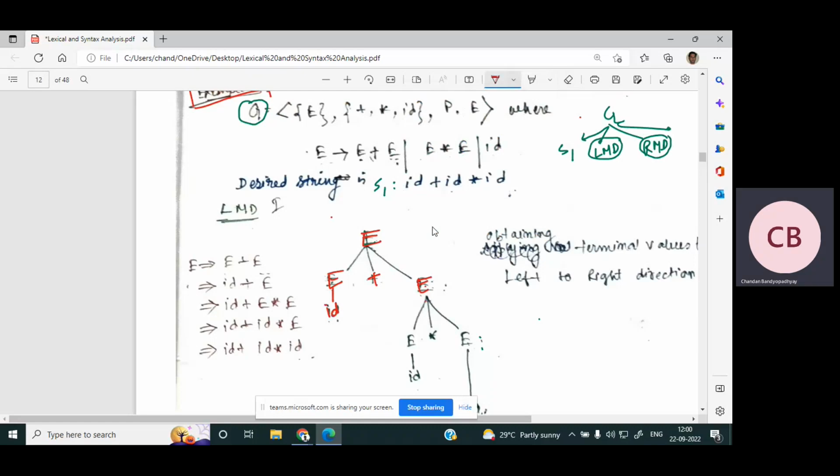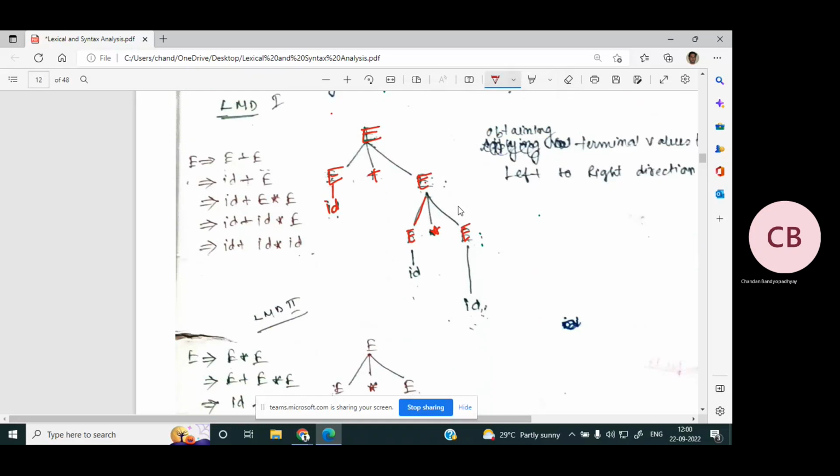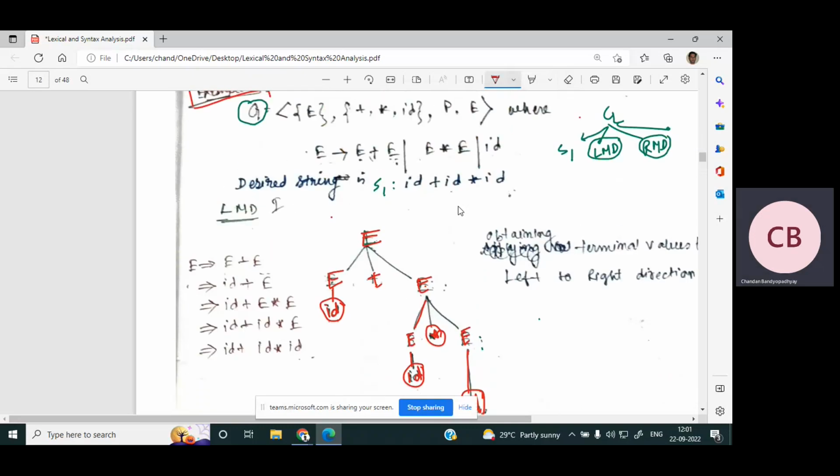Then this E will be expanded. This E is expanded to E star E. Then this E is expanded; the left variable is ID, and then the final E is expanded to ID. So again, this is a leftmost derivation based tree, and the expression is ID star ID plus ID star ID. That means it is the string S1 that we had taken initially.